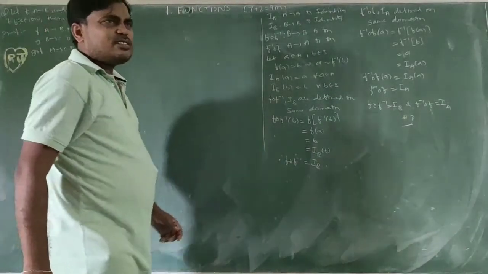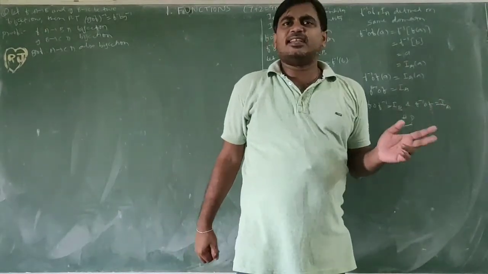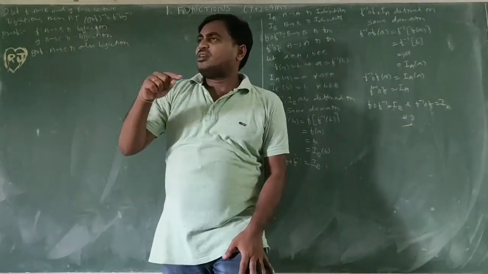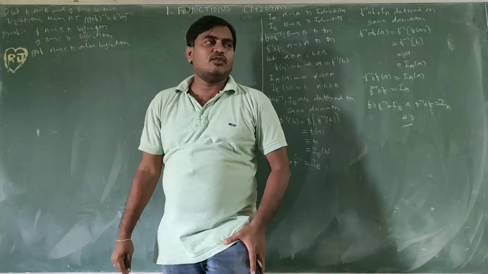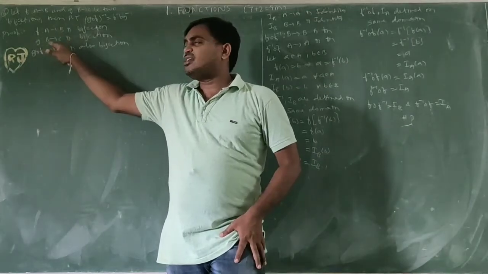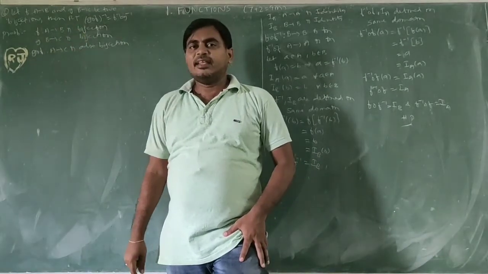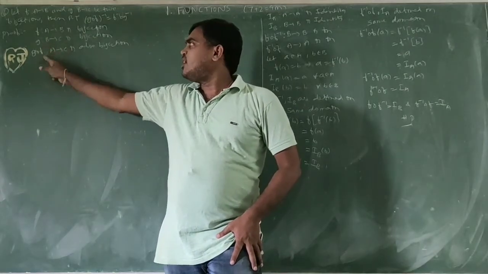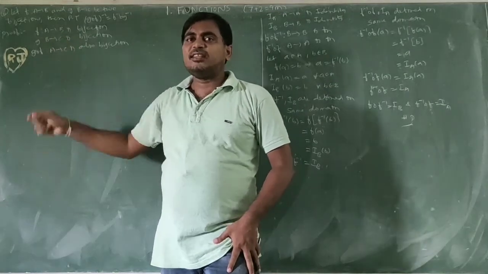A function has an inverse only if it is a bijection. Here F is a bijection, so F inverse exists, and G is also a bijection, so G inverse exists and is also a bijection. G circle F is a bijection, so its inverse is also a bijection.